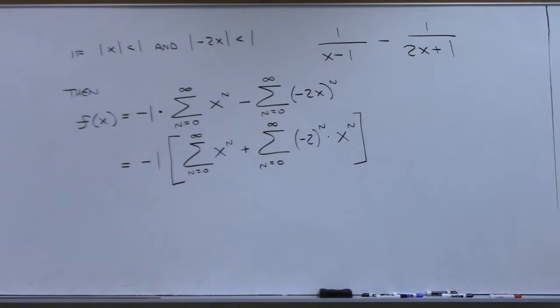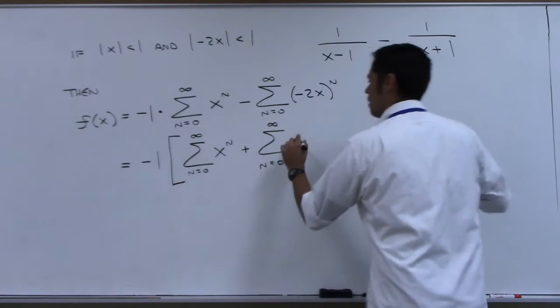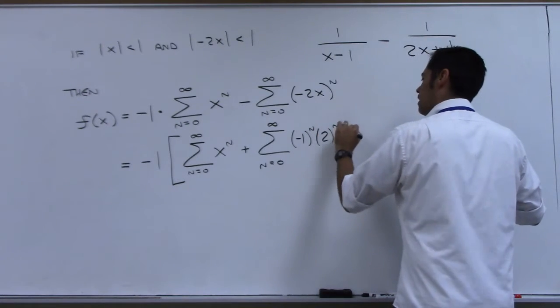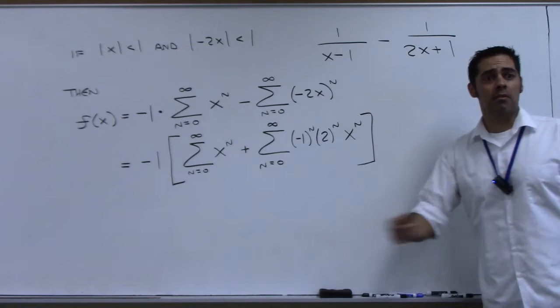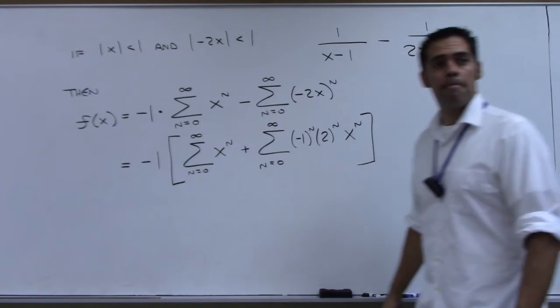So what did I do here? Actually, you know what? I want to do one more thing here. Sorry. Don't get mad. Negative 1 to the n, 2 to the n, x to the n. Is that all right? I decided to peel that negative 2 apart a little bit more.